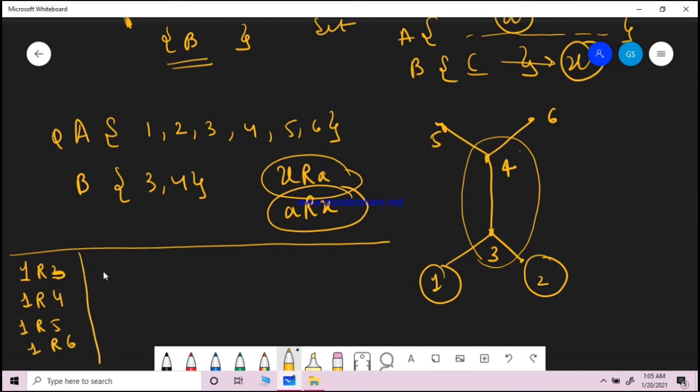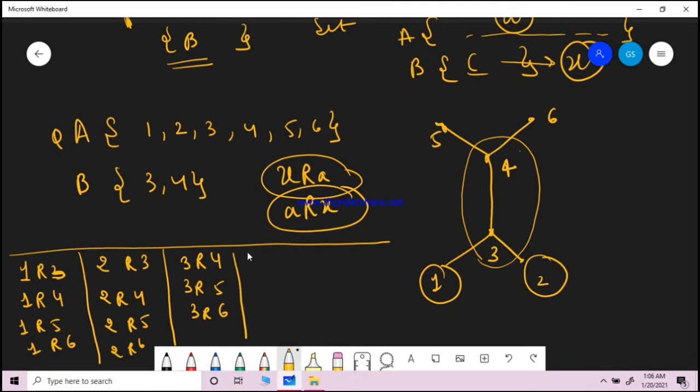Now let's see 2's connections. 2 is related to 3, 2 is related to 4, 2 is related to 5, and 2 is also related to 6. Next, 3 is related to, anything is related to itself, I'm not writing that, 3 is related to 4, 3 is related to 5, 3 is related to 6, 4 is related to itself, I'm not writing that, 4 is related to 5, 4 is related to 6.